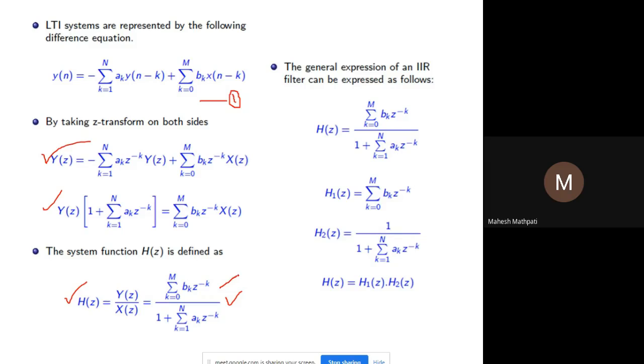Hope you understood this. Let us call it equation 2. Any difficulty in understanding equation 2?